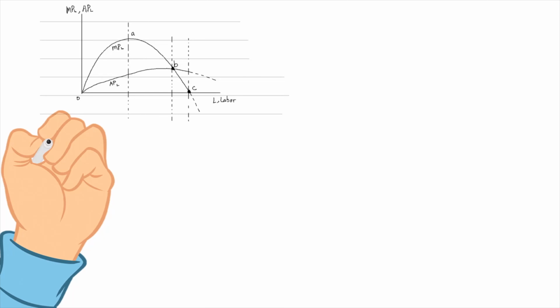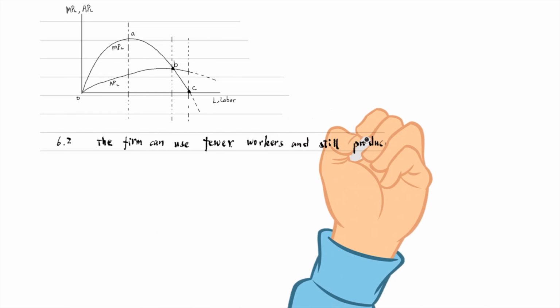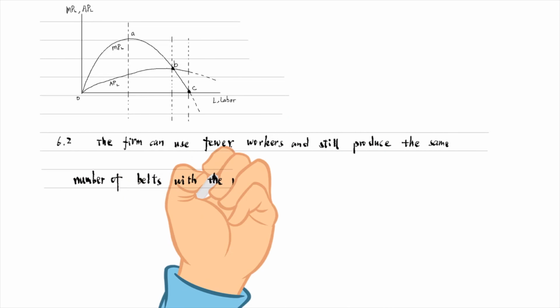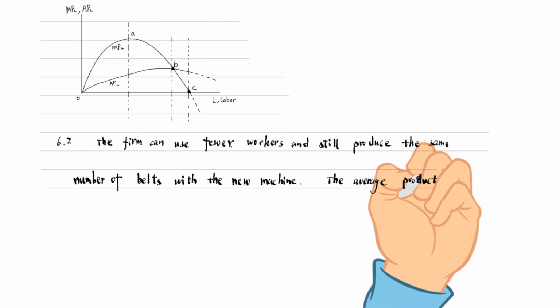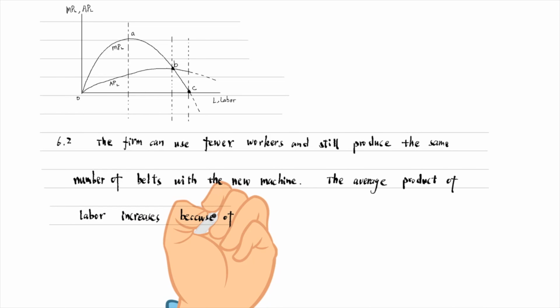We first look at the average product of labor and the marginal product of labor in the short run while holding capital constant. The firm can use fewer workers and still produce the same number of belts with the new machine. The average product of labor increases because of the technological progress.